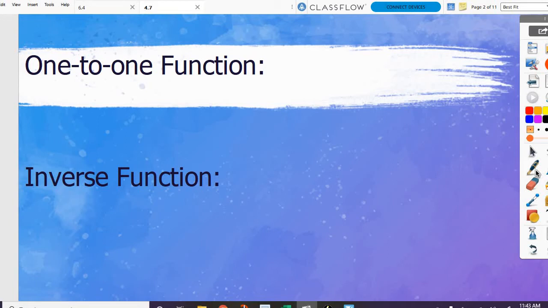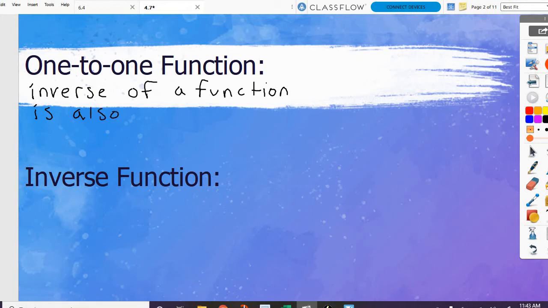And it is a function where the inverse of a function is also a function.